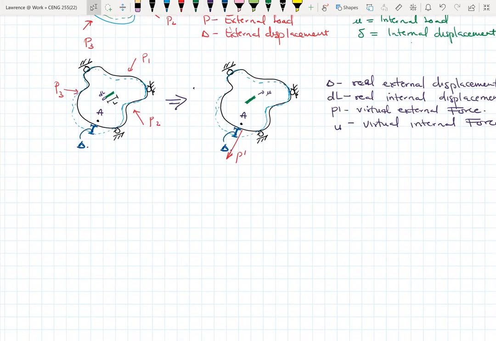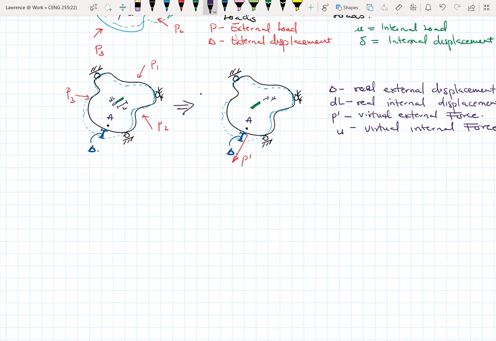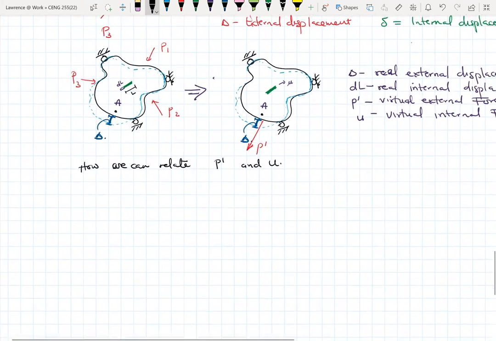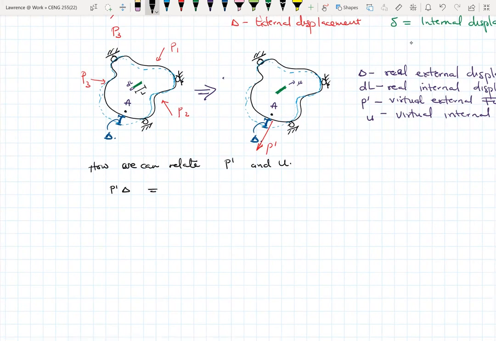But let's see how we can relate P prime and U. If we are to follow the principle of conservation of energy, it's simply P prime times delta, which should be equal to the summation of U times dl, because this space here is just one fiber, or one small section of the entire body.